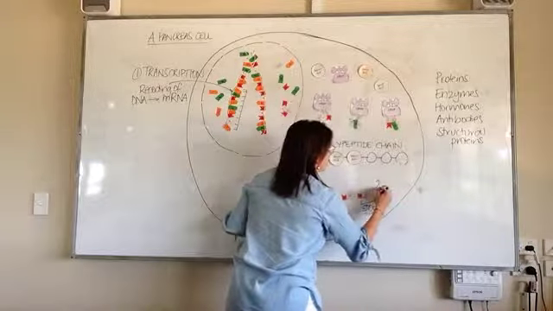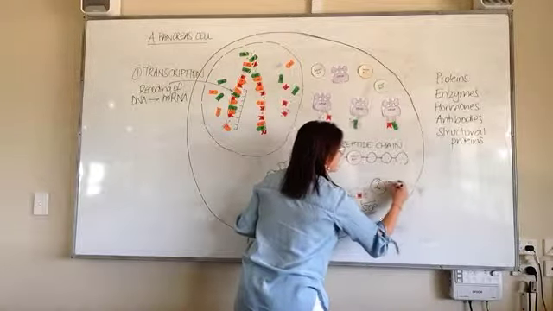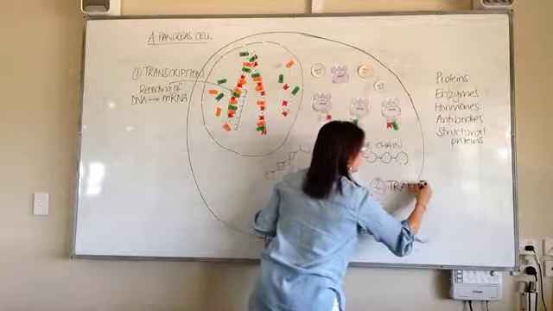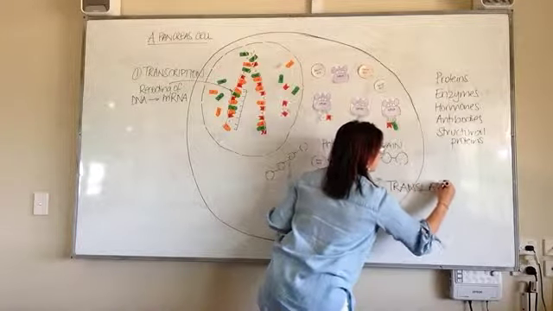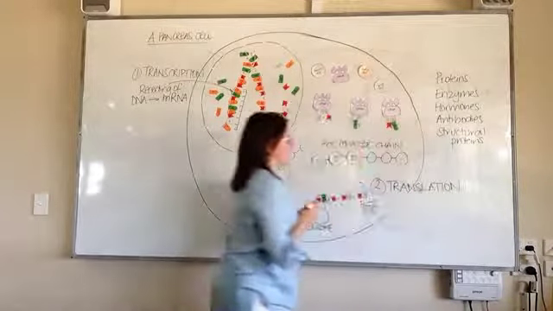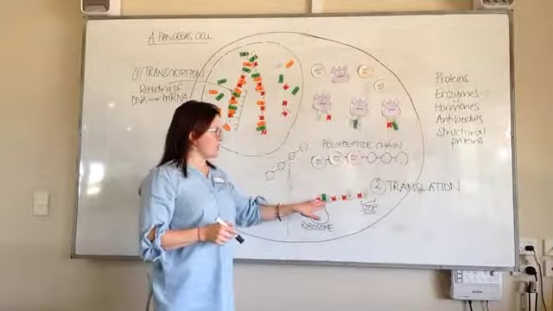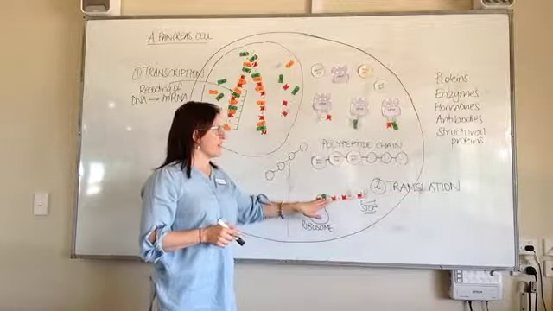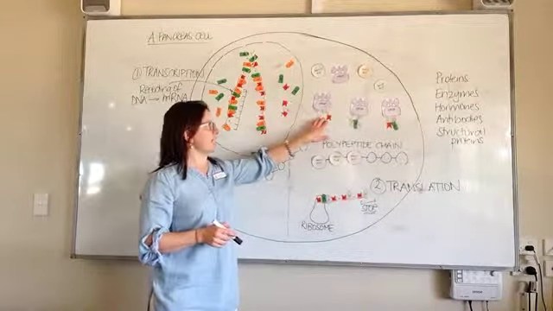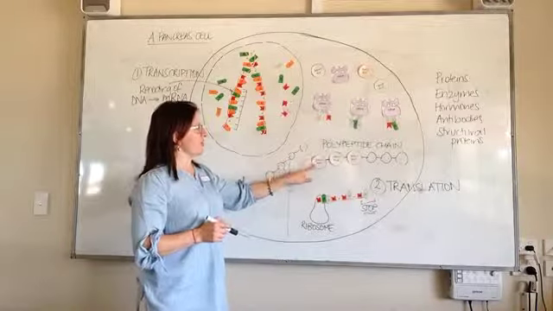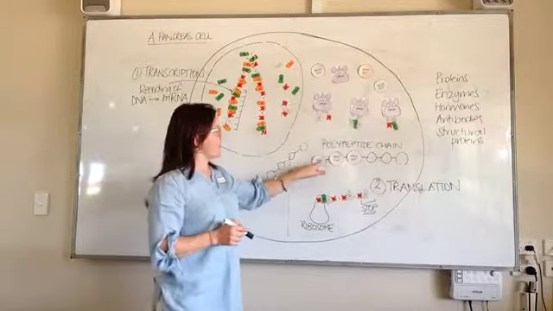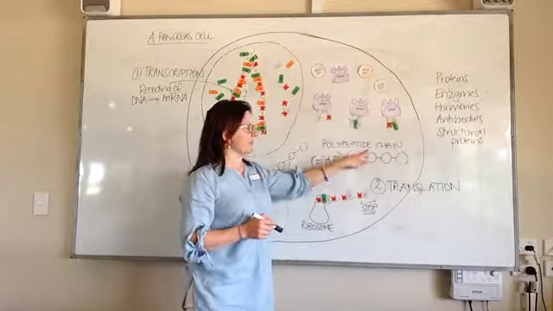The second very important process is called translation. This involves the bonding temporarily of an mRNA codon with a tRNA anticodon, the delivery of amino acids, and the formation of a polypeptide chain.